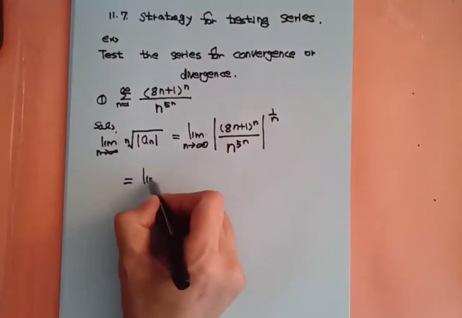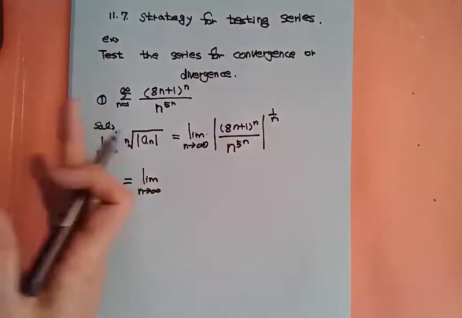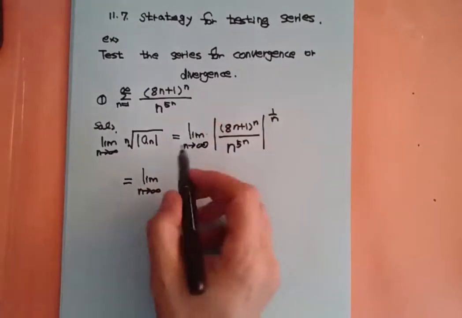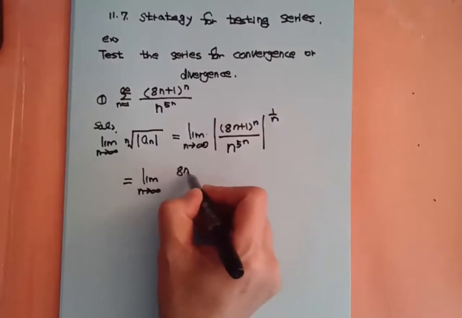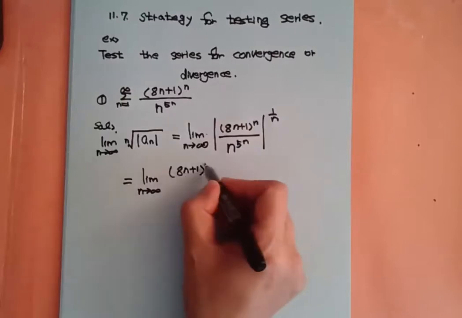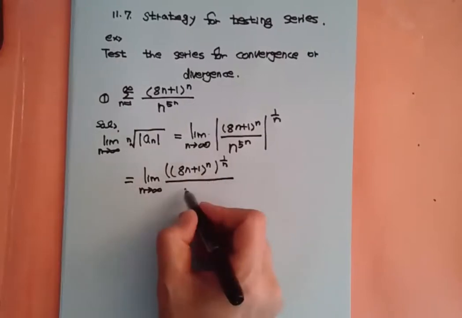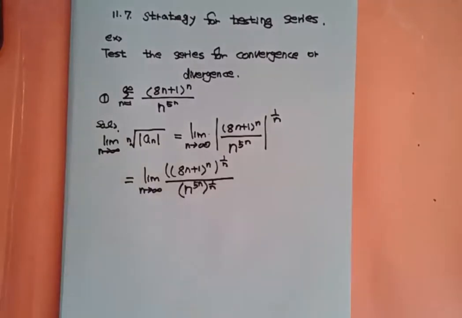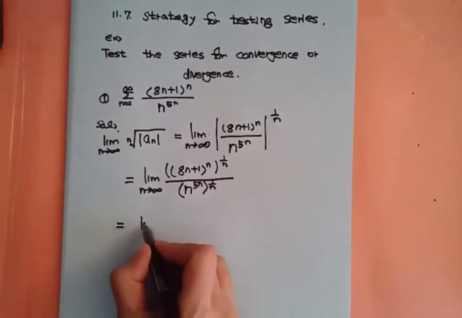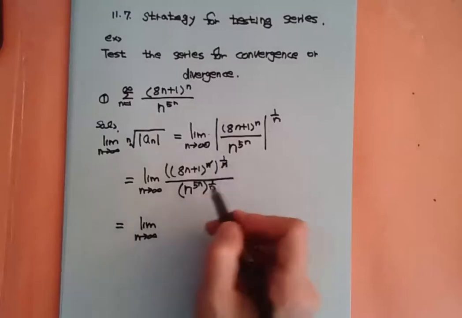So that becomes the limit as n goes to infinity. Since we are thinking about n equals 1 to infinity, we can forget the absolute value sign. So (8n plus 1) to the n power to the 1 over n power, over n to the 5n to the 1 over n power. Those will cancel each other.